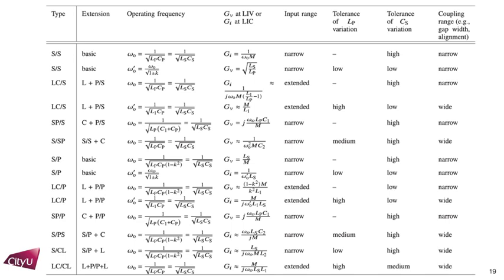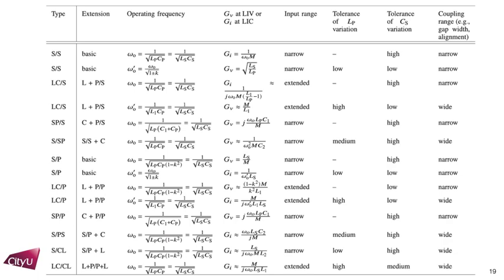And here's a comparison table for different topologies, including the SS, LCS, so that is the extension at the input side, SPS, an extension at the input side as well, and also the extension at the low side. You can see that some obvious advantage can be observed. For example, a much wider coupling range can be obtained with the SSP circuit.